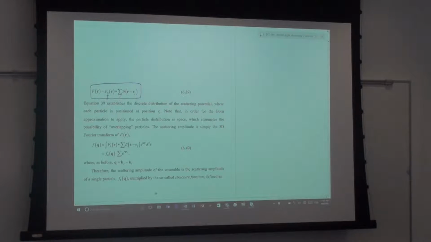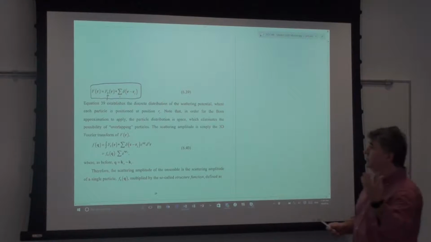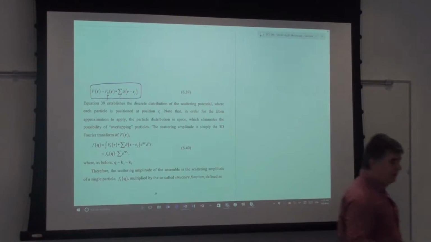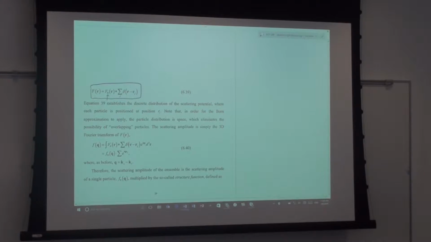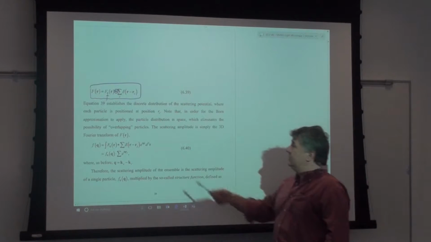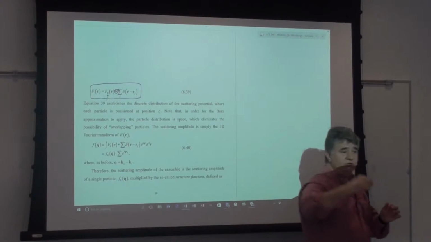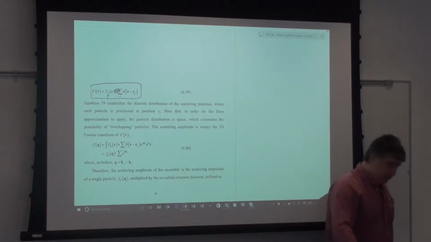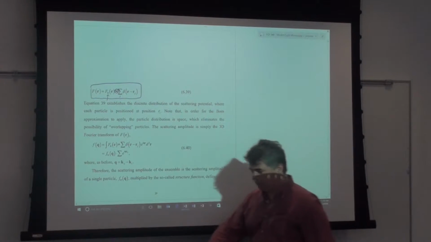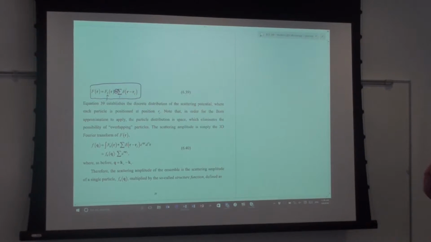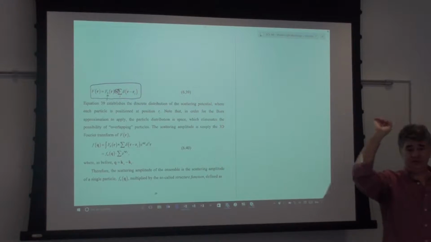I take the individual particle potential and I convolve it, this is our convolution, with a delta function. Summation of delta functions. So the delta functions are these infinitely small dots, right, that give me the position.